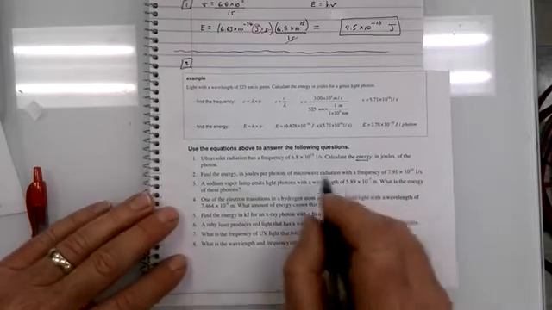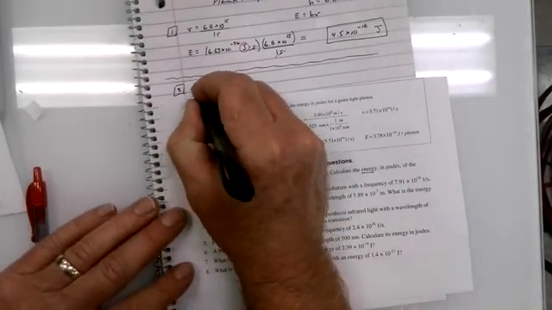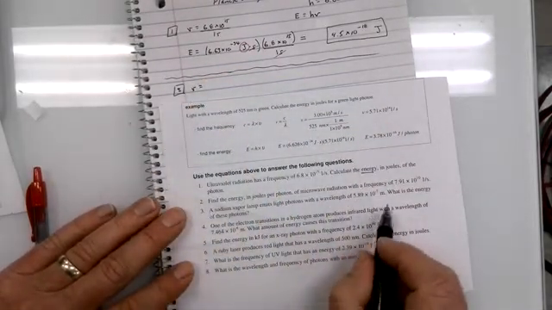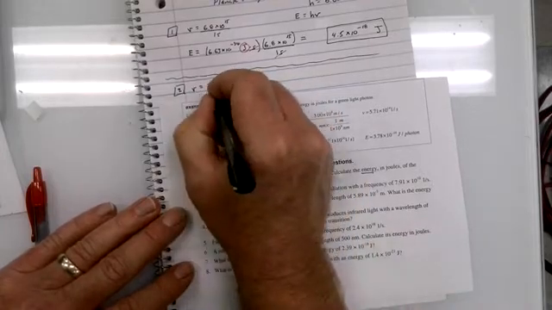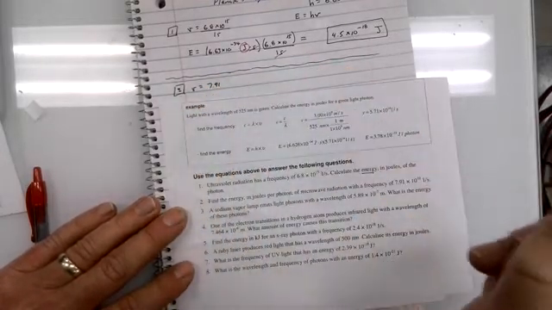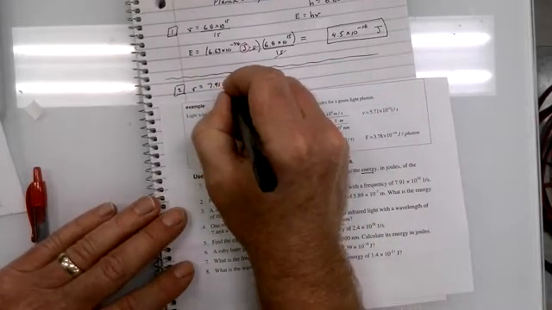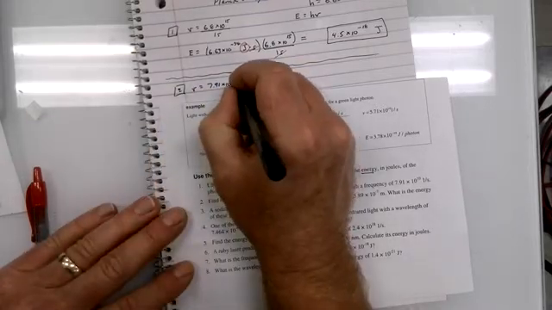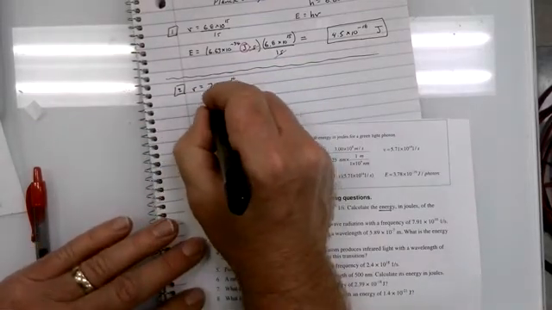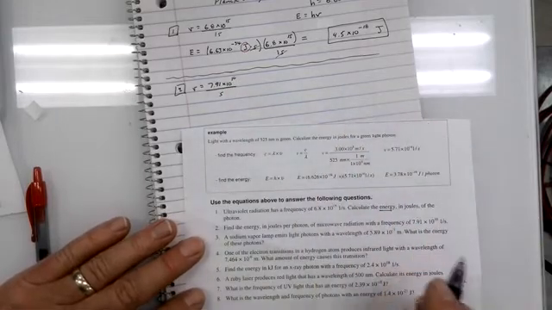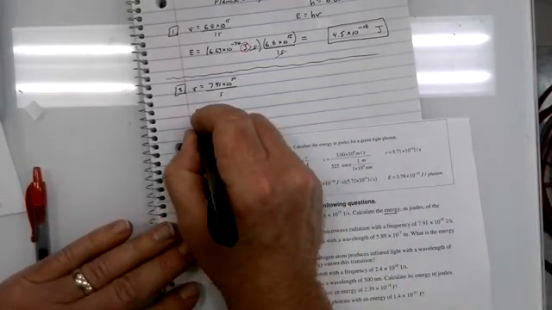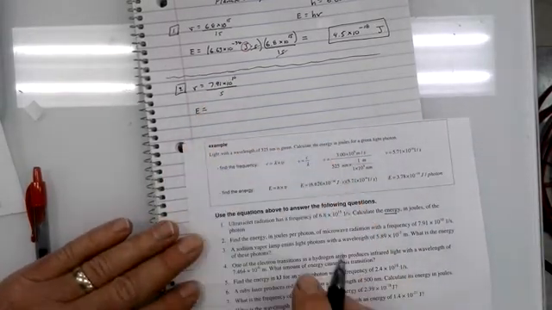So we have a frequency, so we have a v equal to 7.91 times 10 to the 10th over seconds, and we're looking for the energy of the light, and it's a packet or a photon of light.